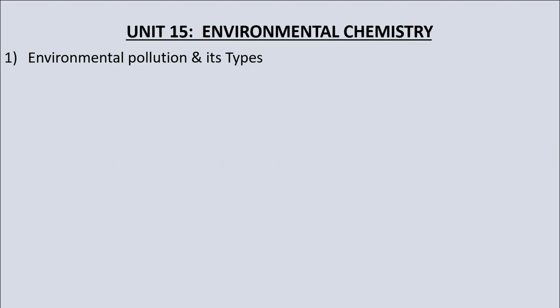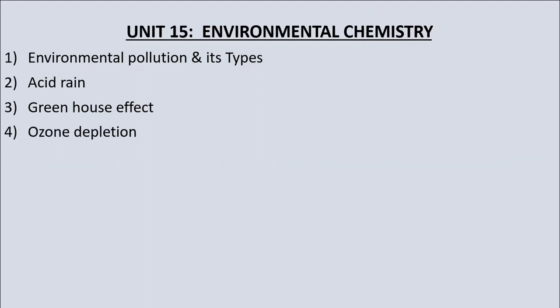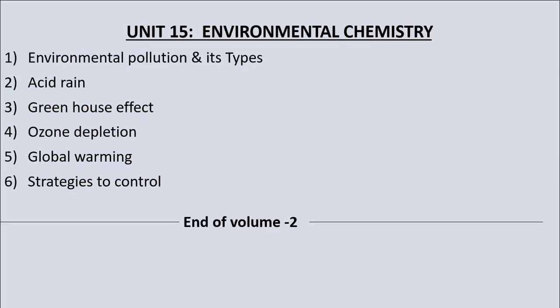Next comes acid rain, greenhouse effect, ozone depletion, global warming. Then what are all the strategies to control environmental pollution? Okay, this lesson is generally based on our basics. Okay, so by this our volume 2 will end.